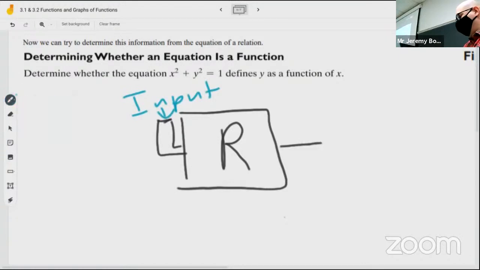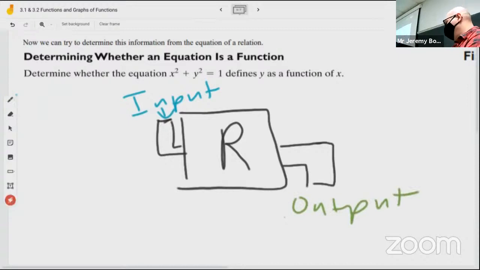And then you have the output. What makes it a function, if you remember, is that if I put in some value here and I get the output, it is one value. You put something in for x, you only get one y.